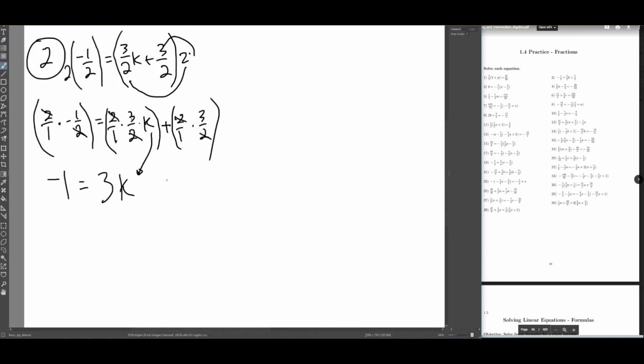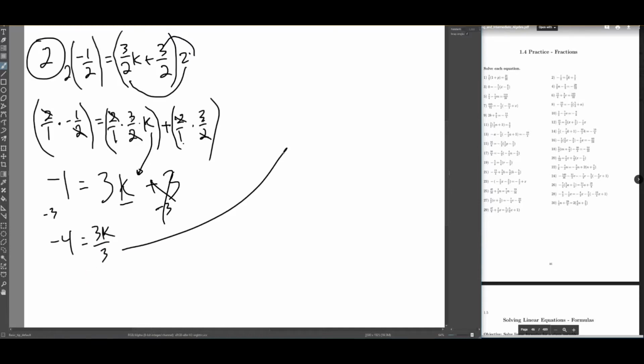Let's isolate our unknown variable on one side and the numbers on the other side. I have a plus 3 here, so I'm going to subtract 3 from both sides. I get minus 4 equals 3k, and I'm going to divide by 3.